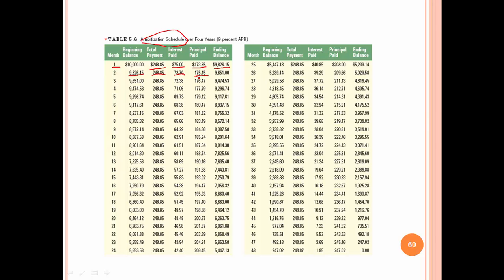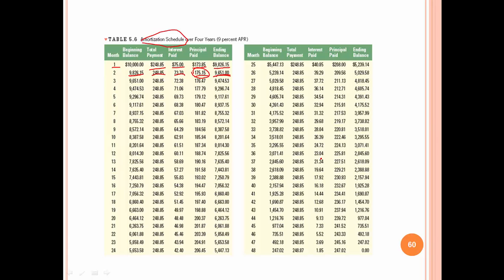You notice this number is higher than 173. And again, after you make a $175.15 principal payment, your balance will be lowered from $9,826 to $9,651, and the difference between them is the $175.15.